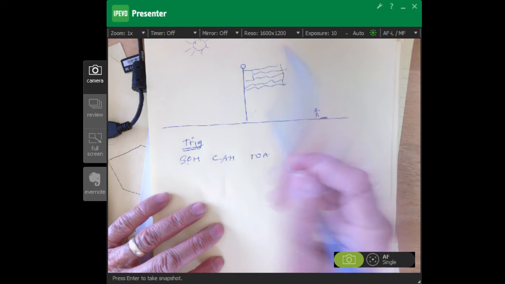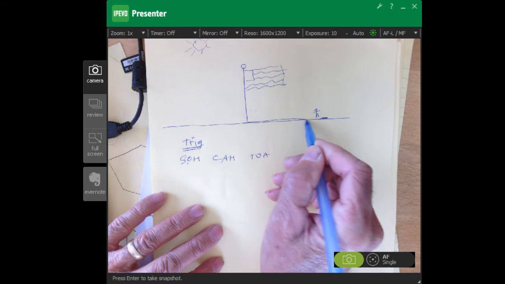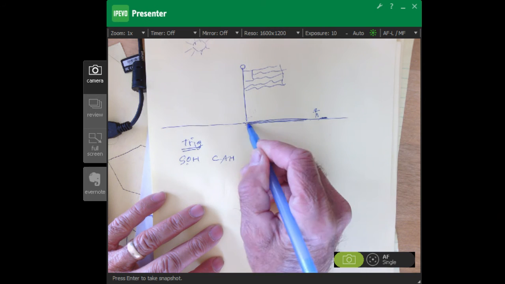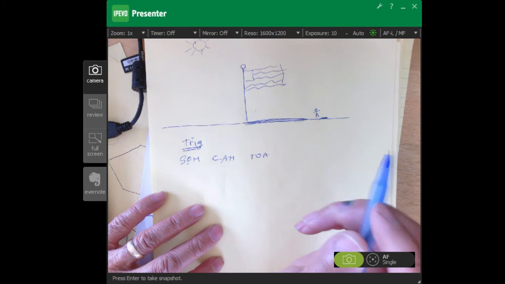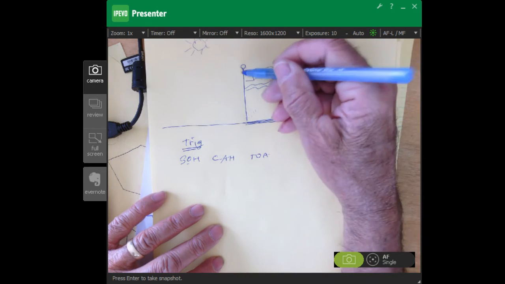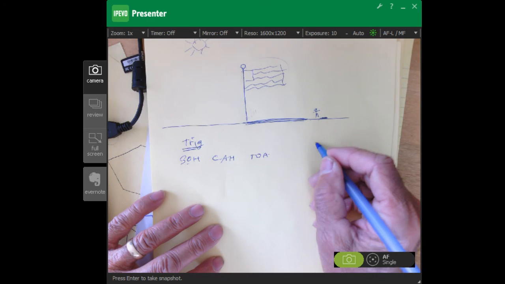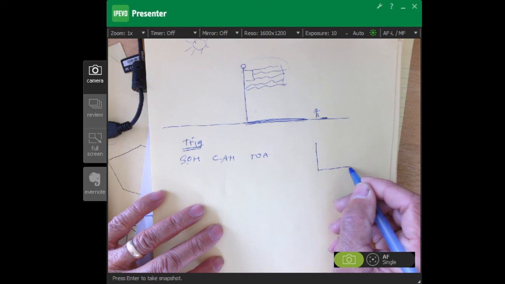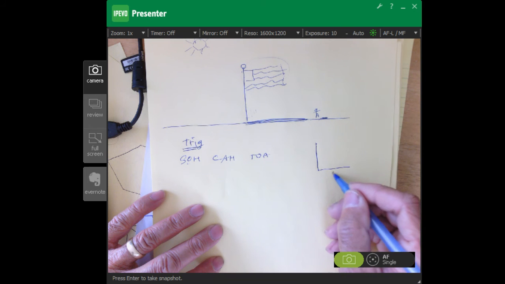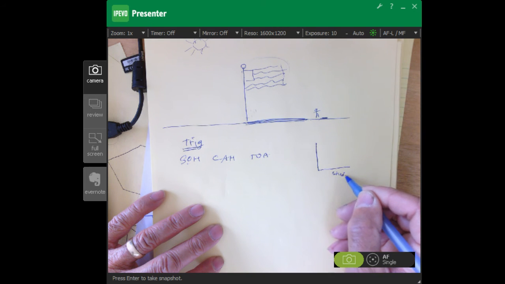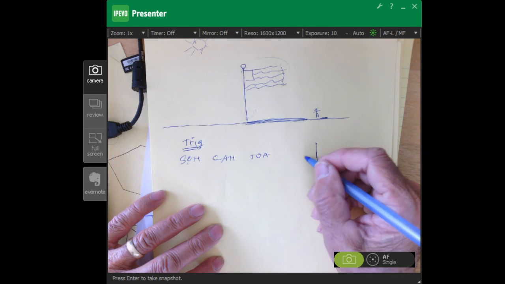What do we have? Well, look here. Down here, there's a shadow. Okay, so now if you ignore the flag itself, you have the flagpole. The shadow is down here.